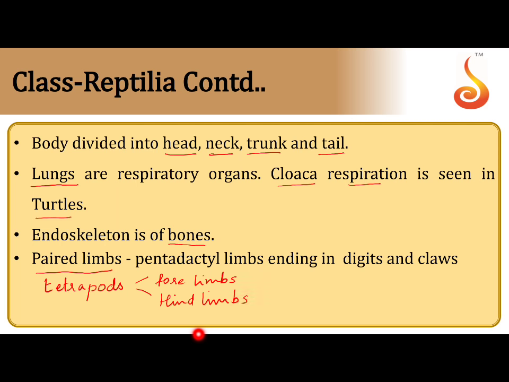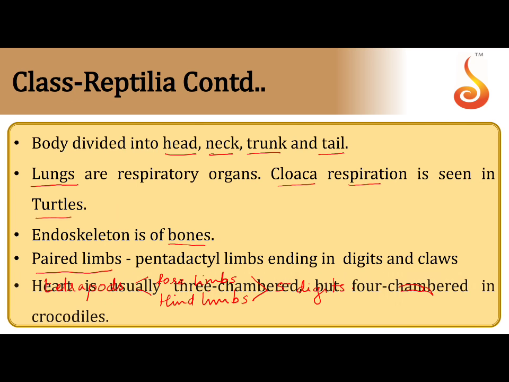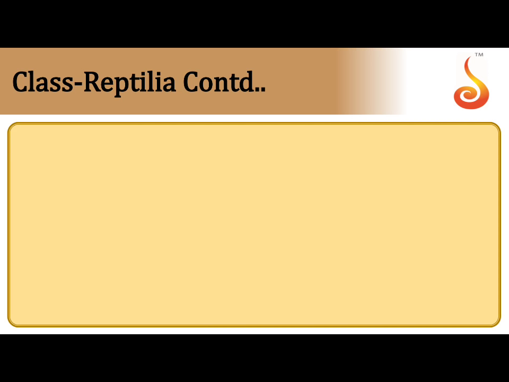Unlike amphibians, both forelimbs and hind limbs have 5 digits, and hence we call them pentadactyl animals. These digits end in claws. So if these are the digits, it ends in claws like this. So these animals are very well developed for living on land.